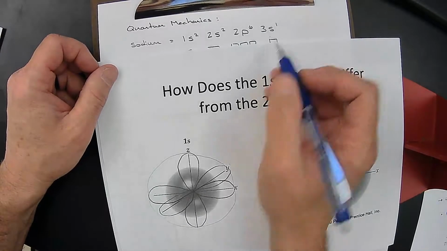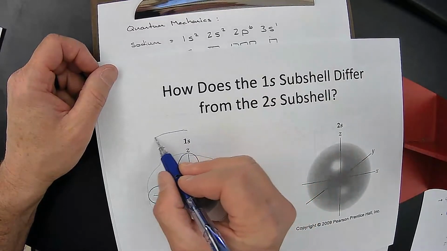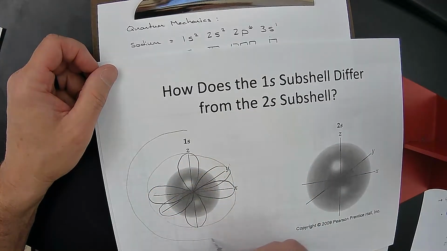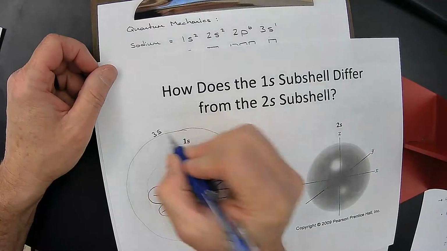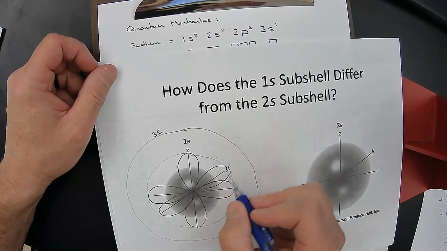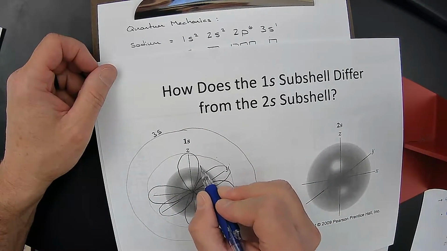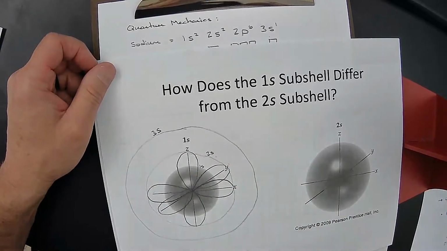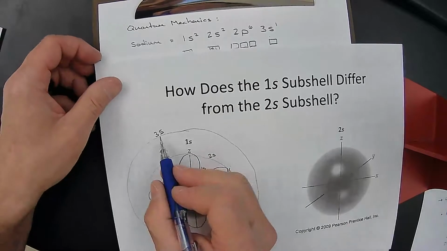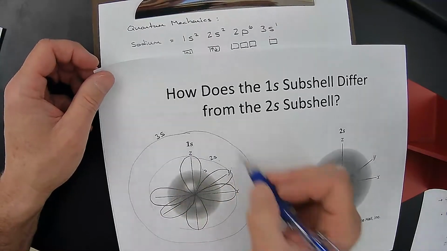And then now we're going to add in another spherical shape that's even bigger. That would be the 3s. This one is the 1s. This would be the 2s, and now we have the 3s. But the 3s in this case is just 1 electron flying around on the outside.